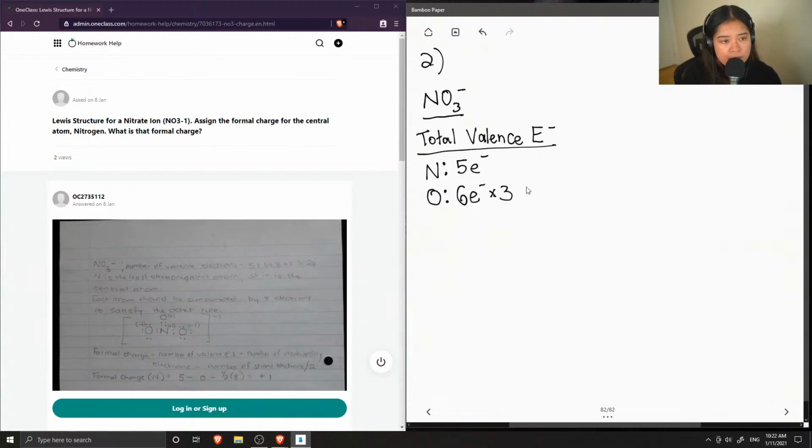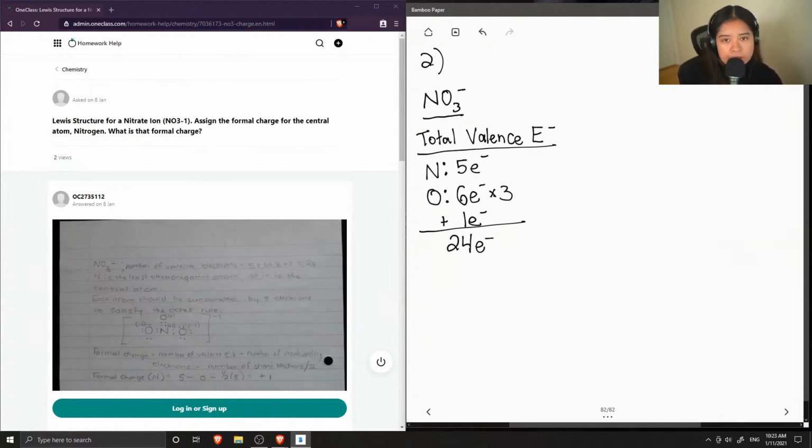So we multiply this by 3, since there are 3 oxygens in the ion. And now notice that it has a -1 charge, so we are going to add an extra electron to our count. So if we add this all up, we should get a total of 24 valence electrons.